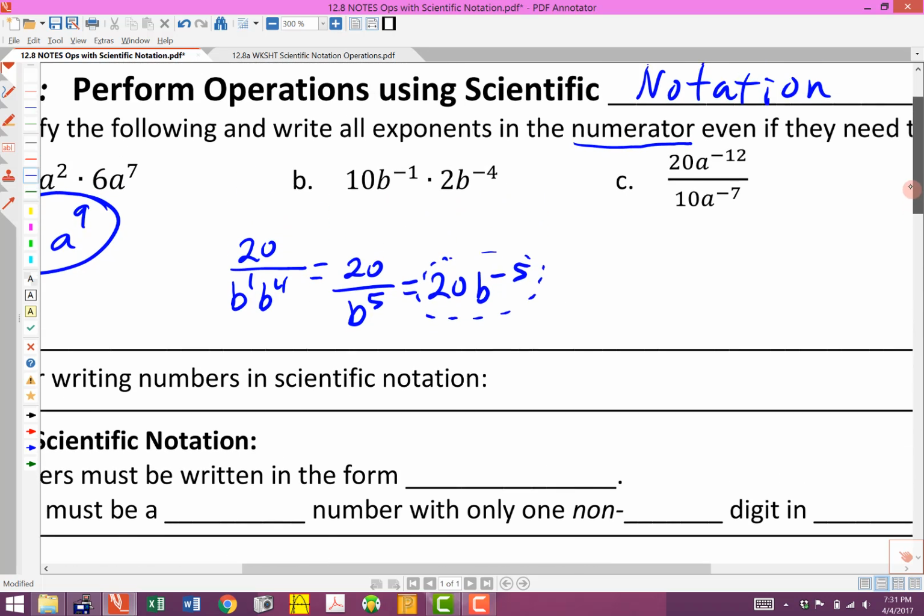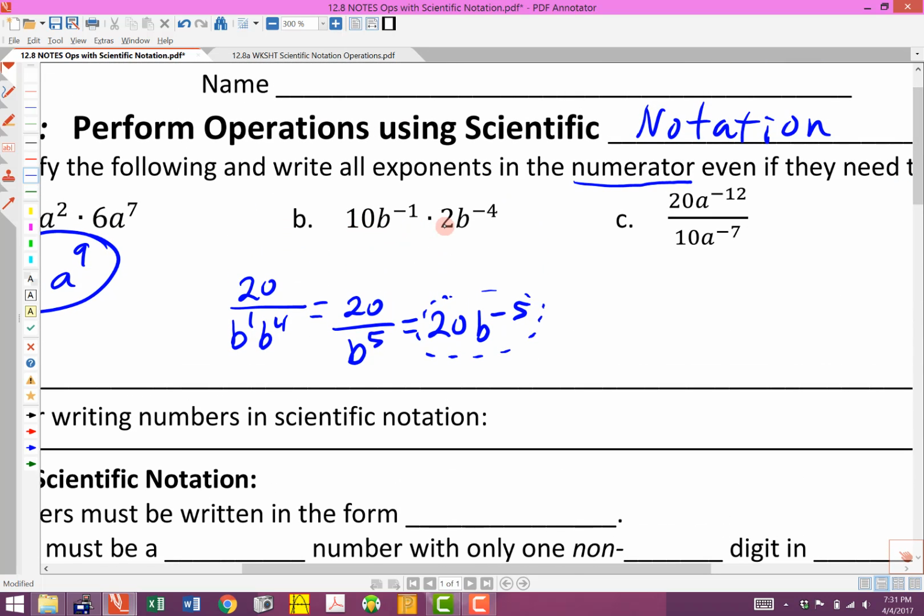So one way that we could do this is just use our normal rules for exponents and say, okay, we're going to multiply the 10 and the 2 together. That's going to be 20. And then we would add the exponents together. So this one is a negative 1, and then we're going to add a negative 4. So this is going to end up being 20, and then negative 1 plus a negative 4, that's just going to be negative 1 minus 4, so that's going to be b to the negative 5.